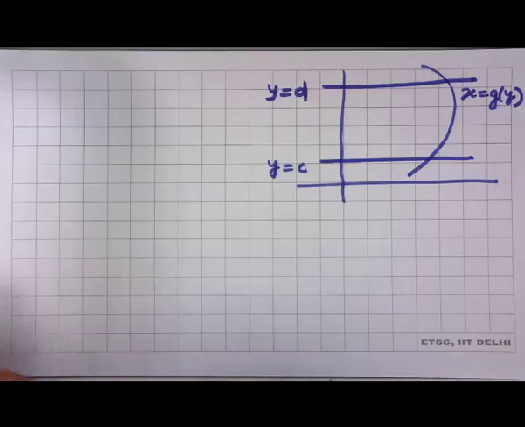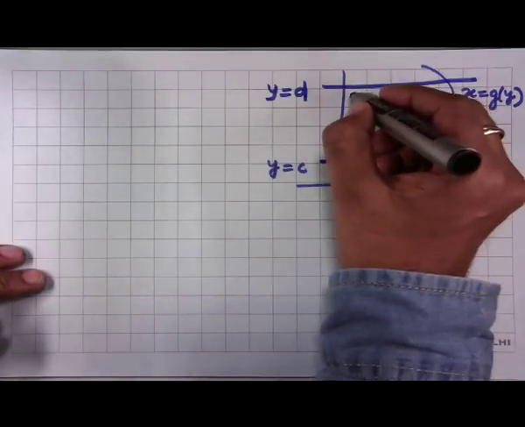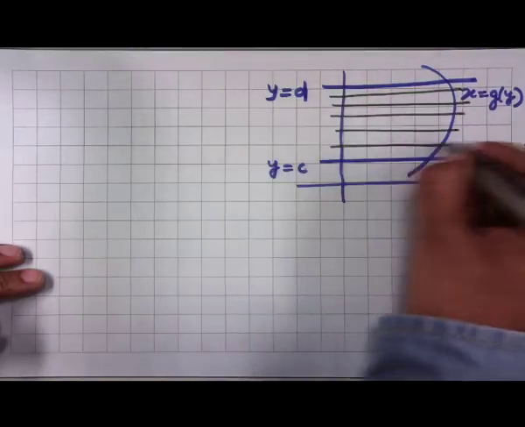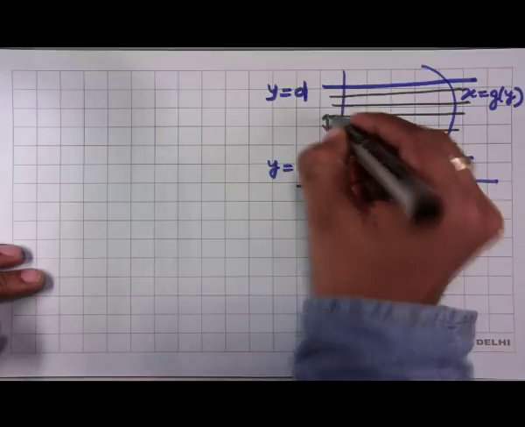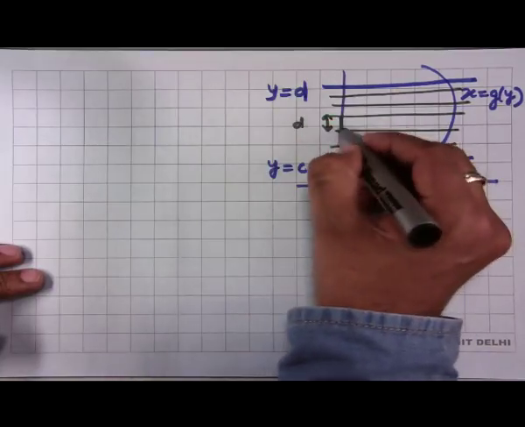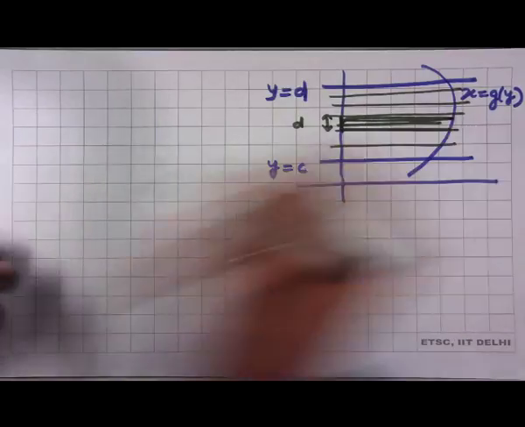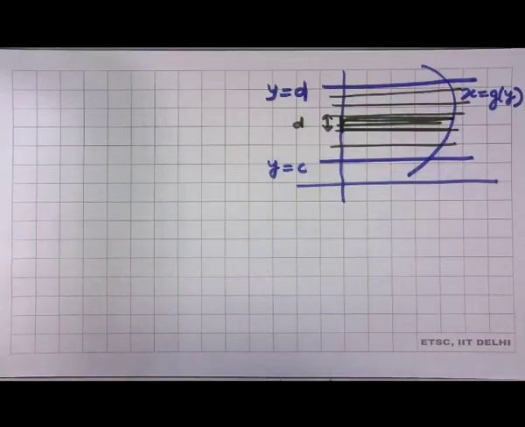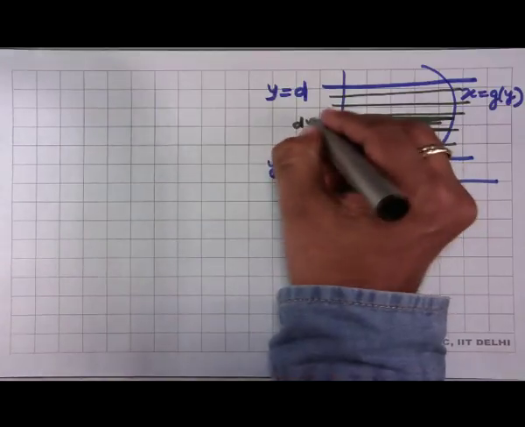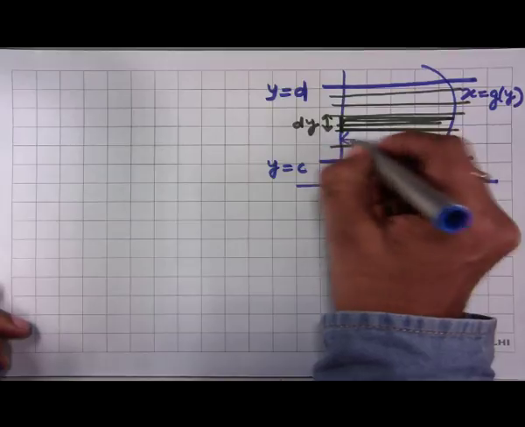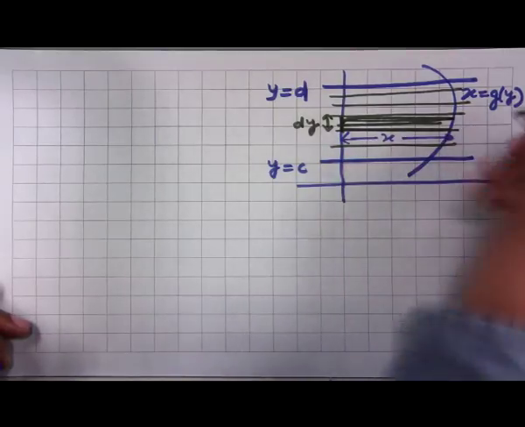So instead of dividing the area by vertical strips, we divide the area by horizontal strips, and we say that the width of this elementary rectangle or elementary strip is dy, and height of this strip will be x, governed by this equation.